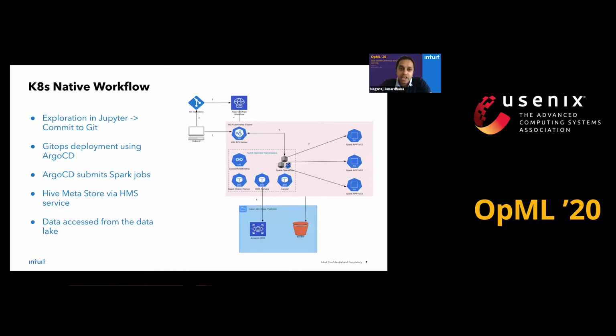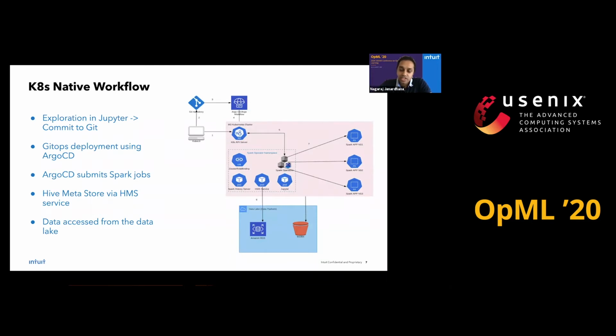This is an end-to-end view of a data worker interacting with the processing infrastructure. And this is a Kubernetes native workflow. In the first step, data worker does data exploration using Jupyter notebooks. This has been deployed on Kubernetes as a service.